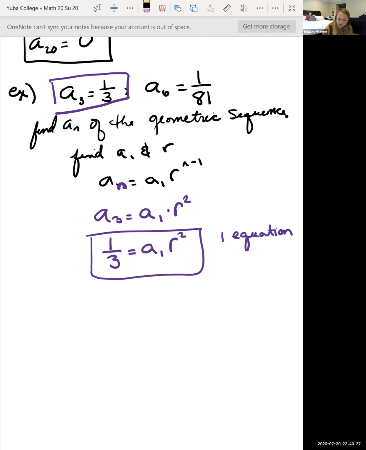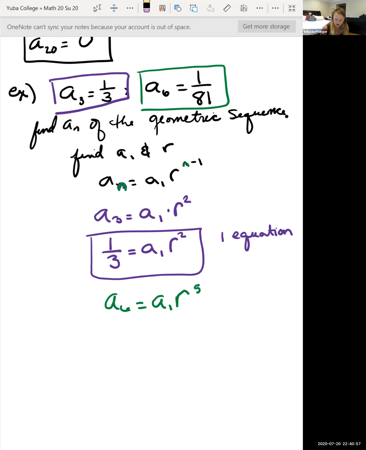And the other information also gave me an equation in terms of a sub 1 and r. So a sub 6, now I'm going in here. My a sub 6 is equal to my first term, a sub 1, times r to the n minus 1 power. So 6 minus 1 is the 5th power. But again, we're given our sixth term.